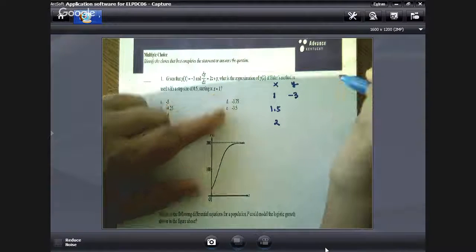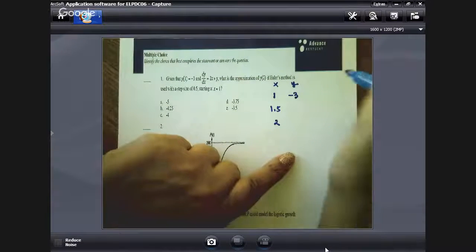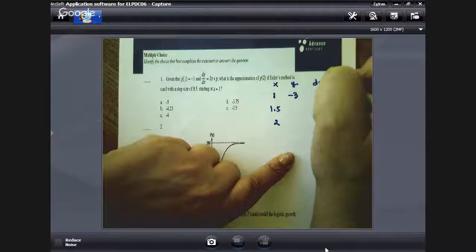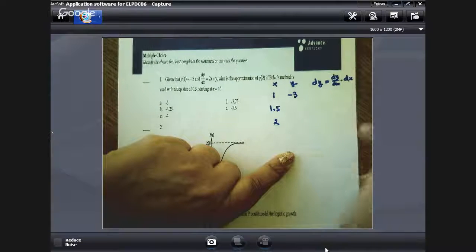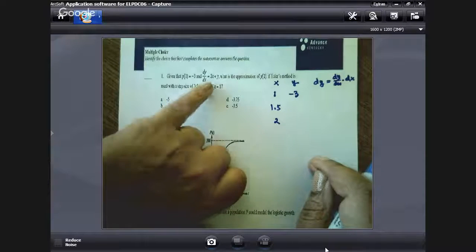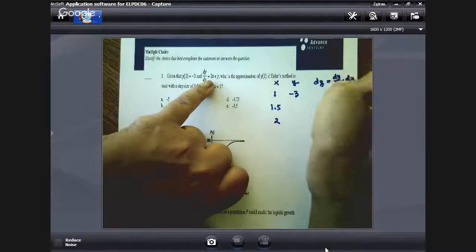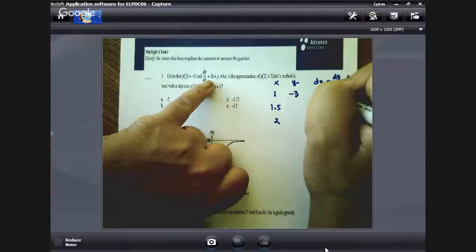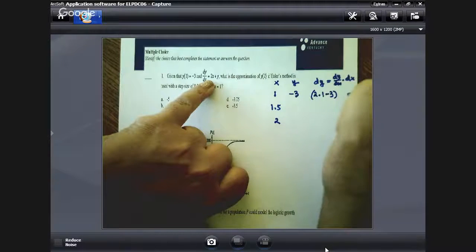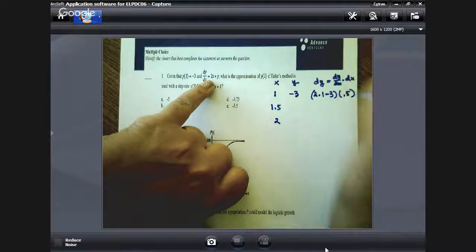And now to find the new y value, I need to find dy. Well, dy is really dy/dx times dx. And in this case, the step size is dx. So 2x plus y, so 2 times 1 plus -3, times dx, which is 0.5.